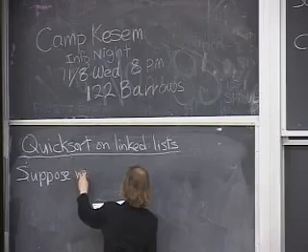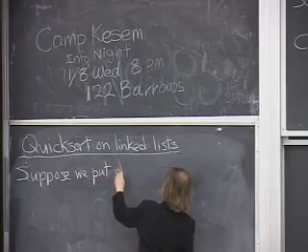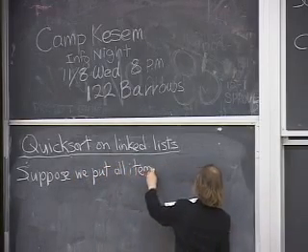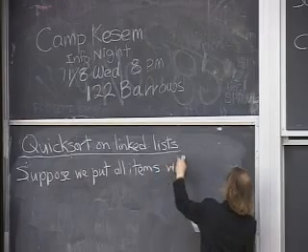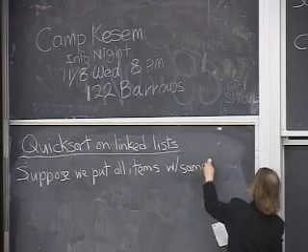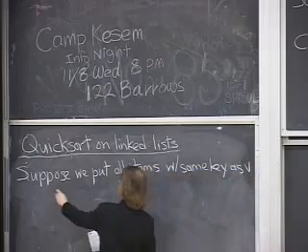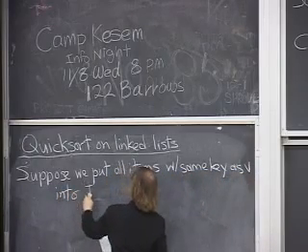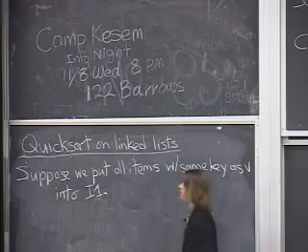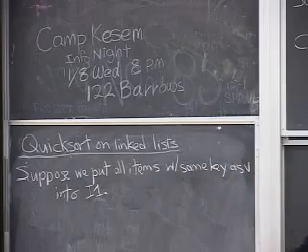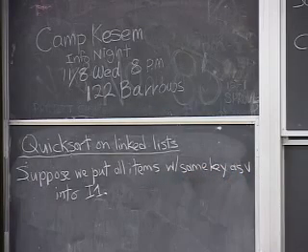Suppose we put all items having the same key as the pivot into the first list. So think, can anyone tell me what is bad about this strategy?